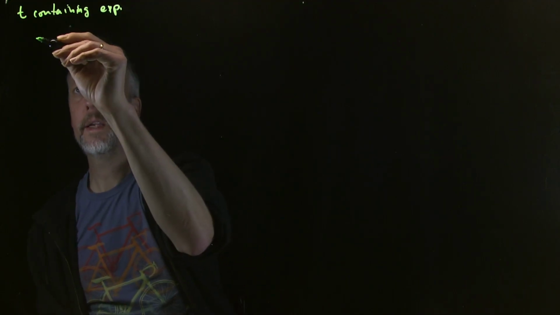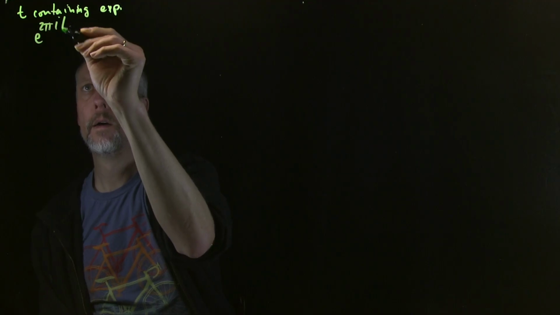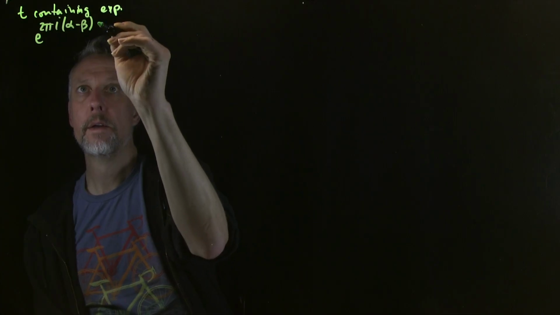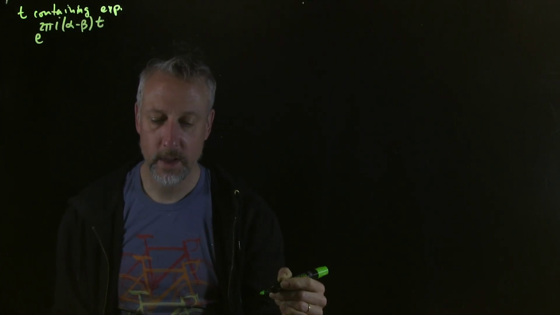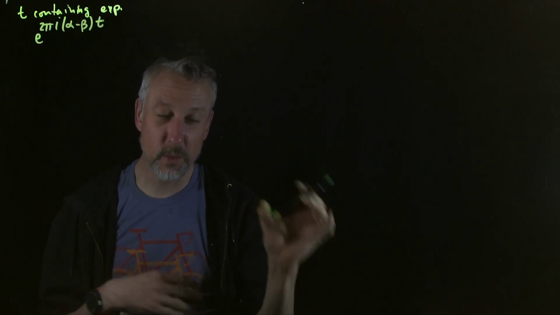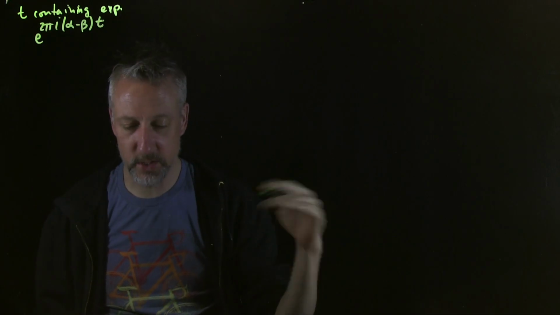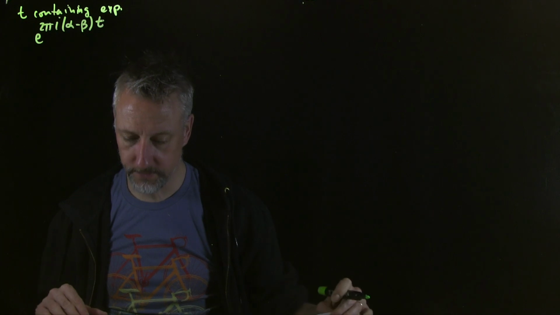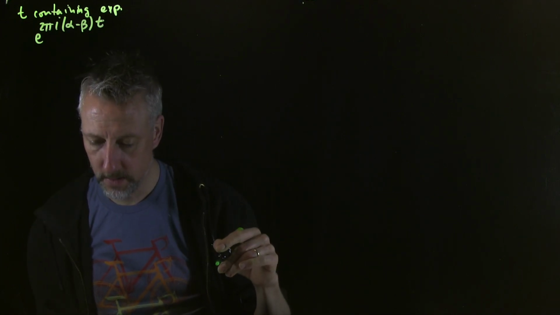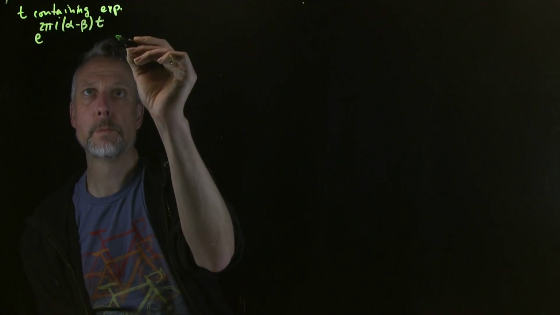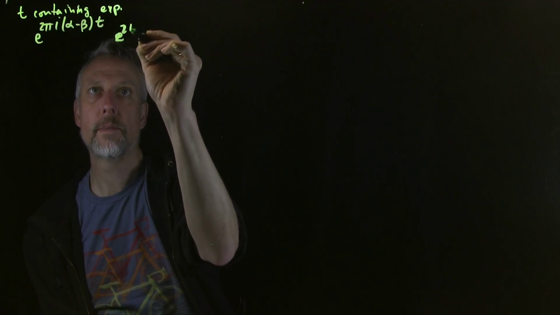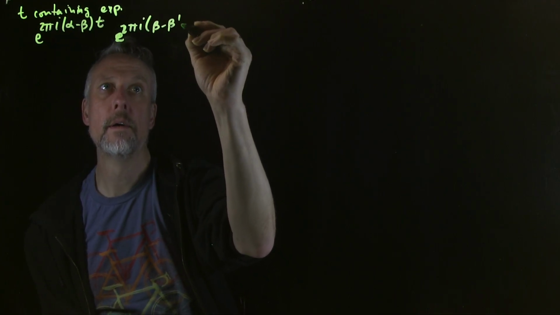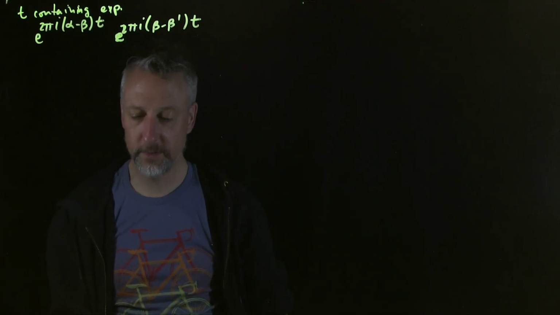We had e to the 2 pi i (alpha minus beta) t, which came from the stuff that we already worked out. And we always left the rho_I at the end. But then we just worked out what rho_I beta beta primed is. It is always the same: e to the 2 pi i (beta minus beta primed).